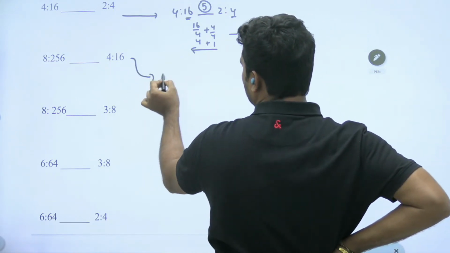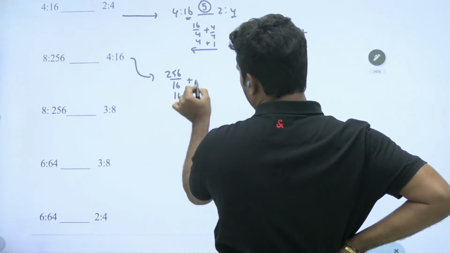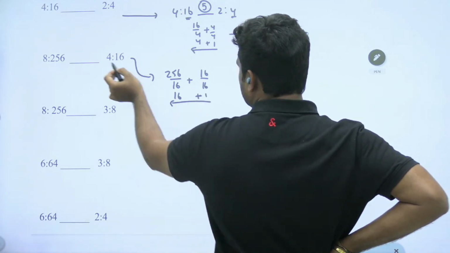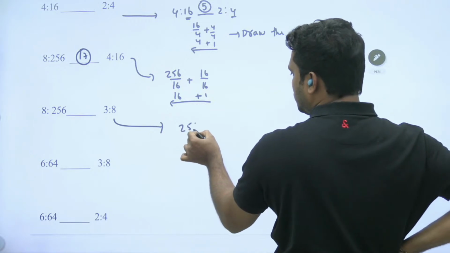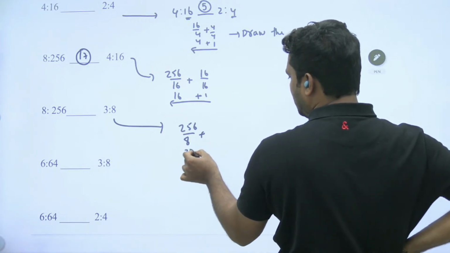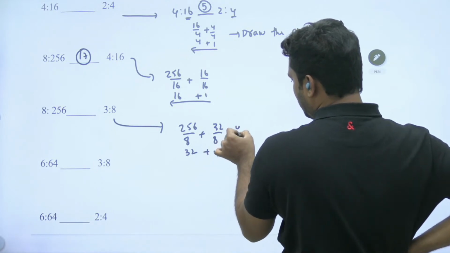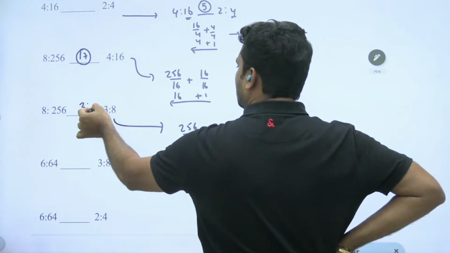Here also, 256 you divide by 16, 16 will come, 16 you divide by 16, 1, total 17 is the answer. Then 256 you divide by 8, 32; 32 divided by 8, 4; 4 divided by 8, 1. So 37 required.